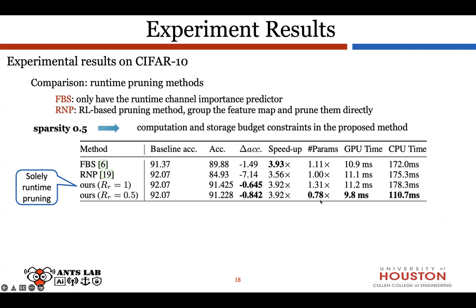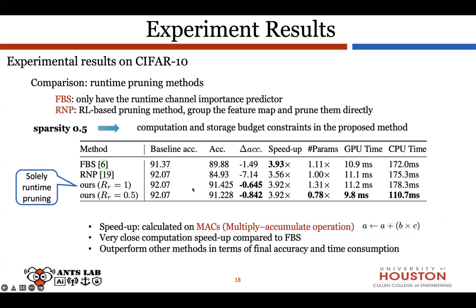And from this table, we can find that their method outperforms the other methods in terms of the final accuracy, the number of parameters, and also the time consumption. And the speed up here is calculated on max multiply accumulate operation. It's a specific type of operation, and it is related to the computer architecture and hardware design field.